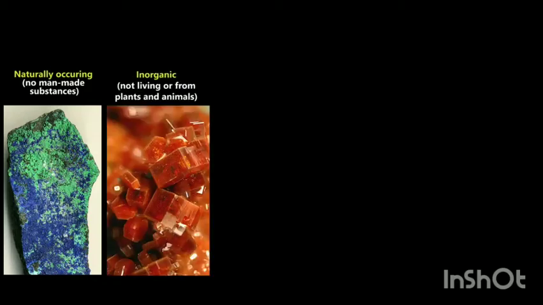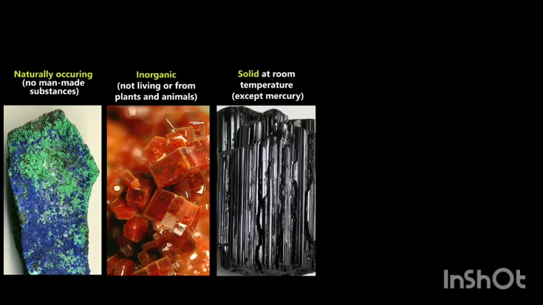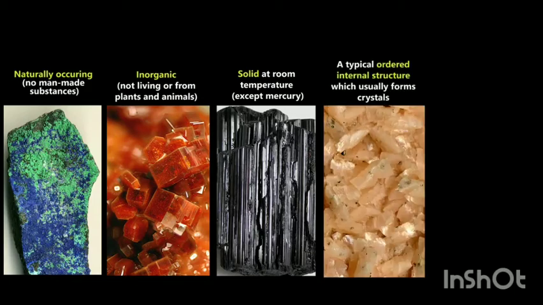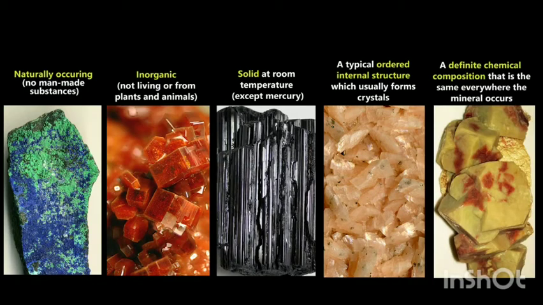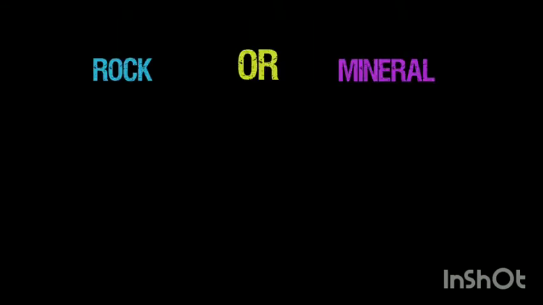The characteristics are, they are naturally occurring, they are inorganic, they are solid at room temperature, have a typical ordered crystalline structure which usually forms crystals, and they have a definite chemical composition. So these are the characteristics of minerals.